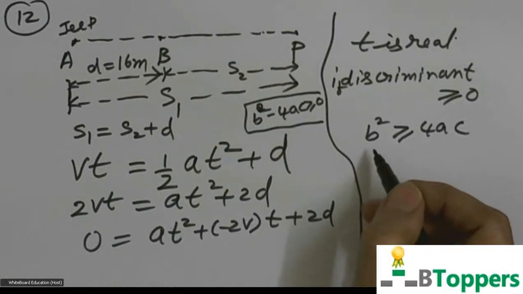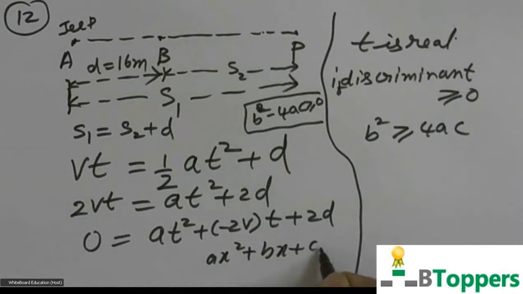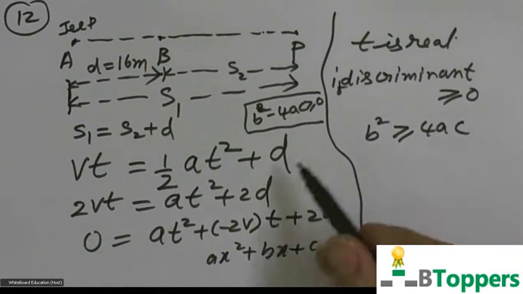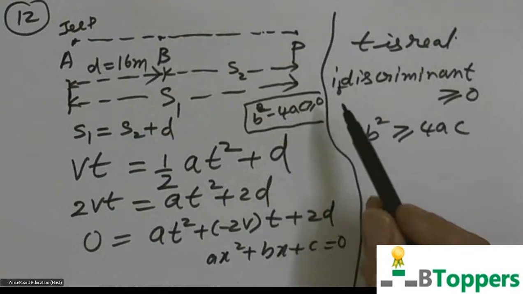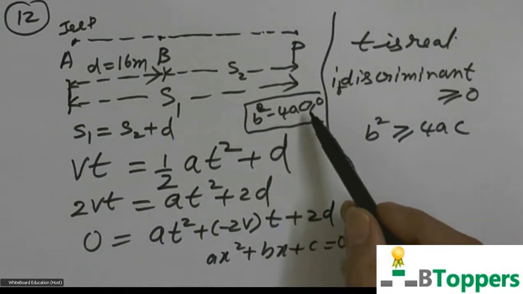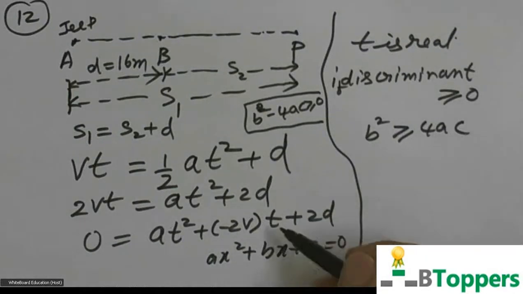Here I am talking about the quadratic equation a x square plus b x plus c equal to 0. The solution will be real if the discriminant is greater than or equal to 0. That means b square minus 4ac is greater than or equal to 0, or b square should be greater than or equal to 4ac.